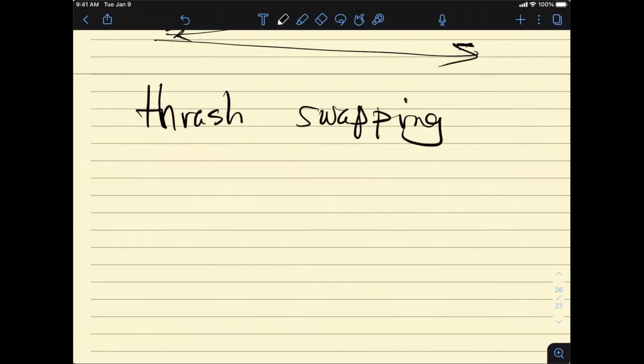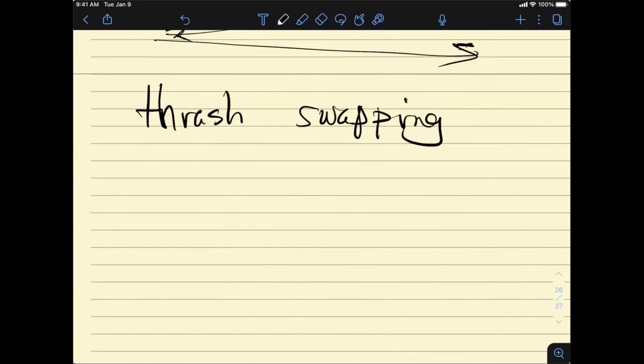And swapping is when you need a part of a process's address space that's not in memory. It has to be brought into memory. So that involves a disk I/O. Hopefully it's an SSD, maybe it's not. But in any case, it's going to cause a pause in doing the work of that process, while a part of its address space is brought in from mass storage to main memory.